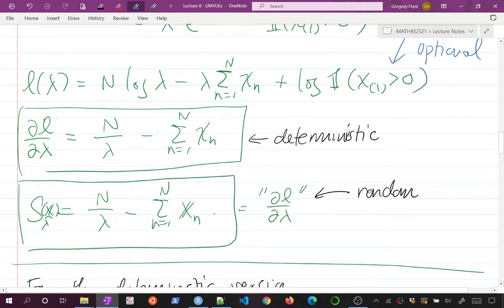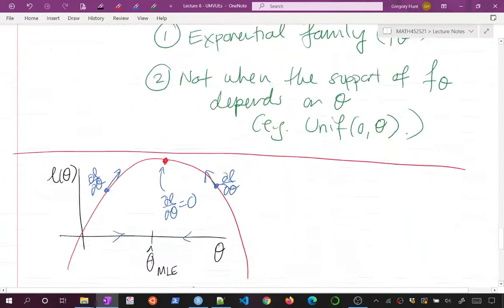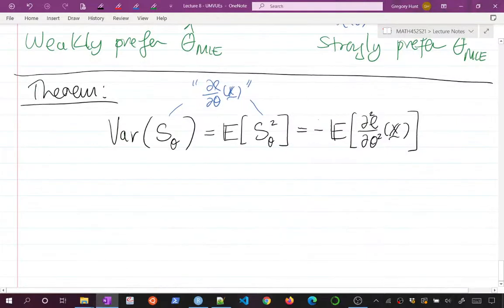You could take another derivative, look at the second derivative, and play the same game where you replace the deterministic x's with random samples. It's not super interesting in this case, but one could. And that's what I'm calling the second derivative here.